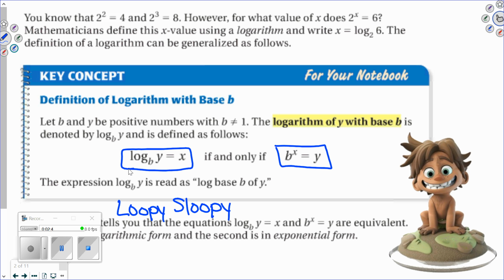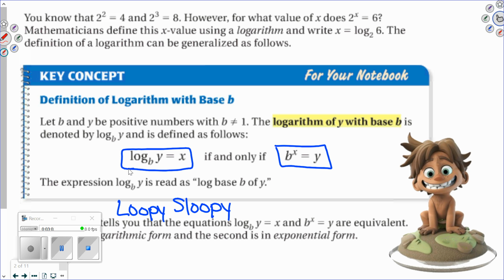Okay. So the way this works, looking back and forth between my two forms: let's say it started in log form and I wanted to switch it back. You start with the base. This is read log base b of y equals x.